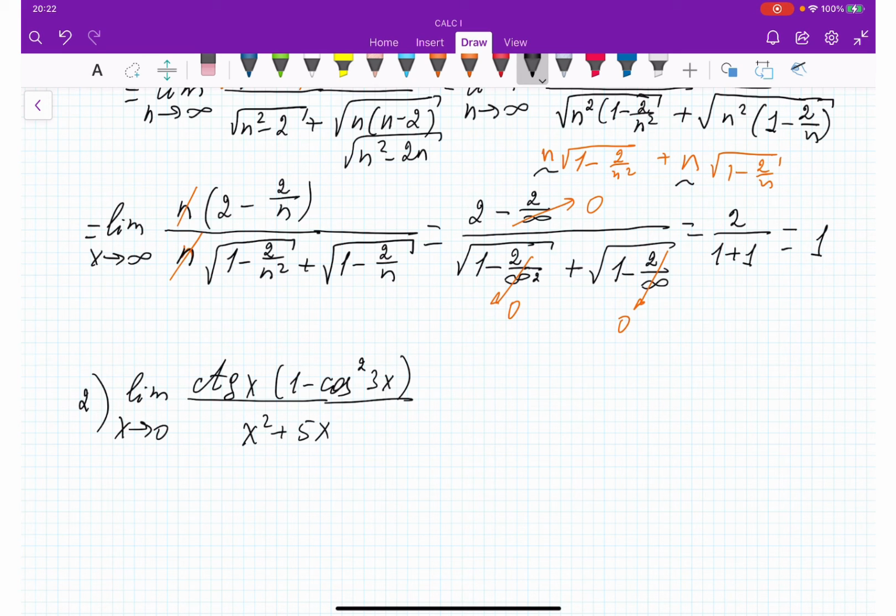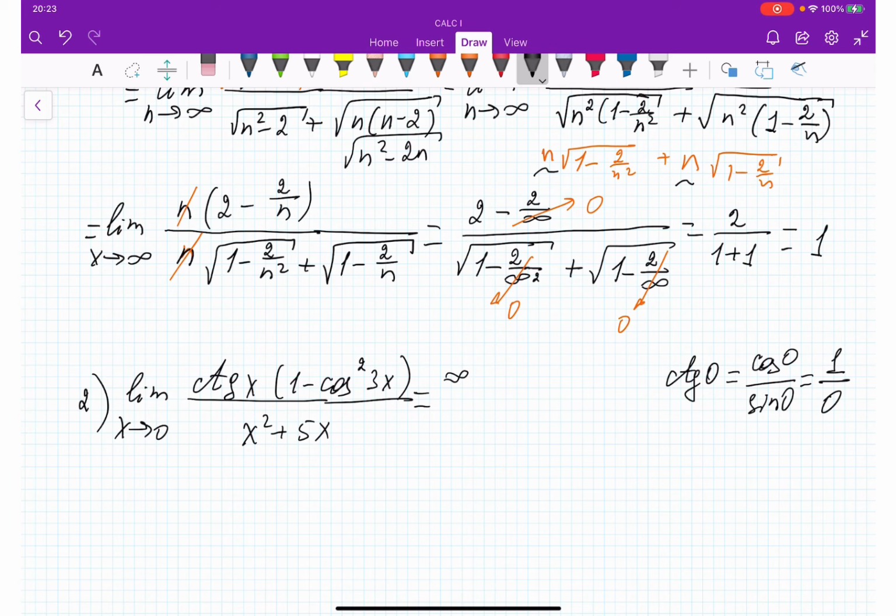So cotangent 0 is cosine 0 over sine 0, right? Cosine 0 is 1, sine 0 is 0. So it's going to be practically infinity. So we are getting infinity here.